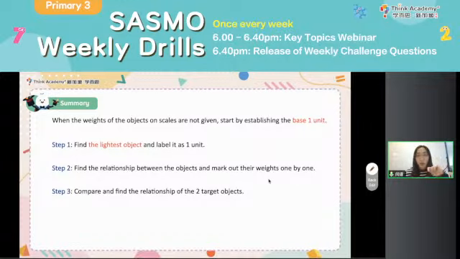Again, we start from observation, okay? Find the lightest object and label it as 1 unit. And then for the second step, that is to find the relationship between the objects and mark out their weights 1 by 1. For the last one, we just compare and find the relationship of the 2 target objects.